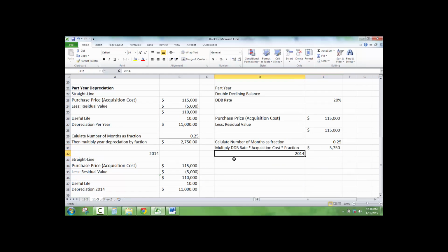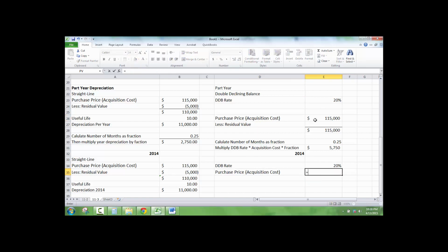And then for 2014, DDB rate is still the 20%. Acquisition and purchase price still equals 115,000.